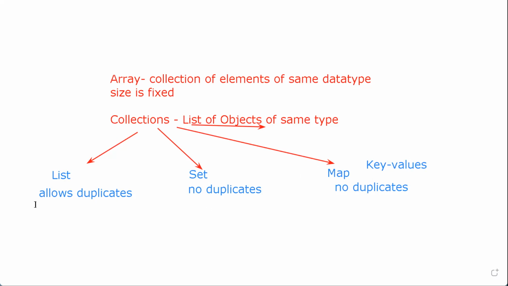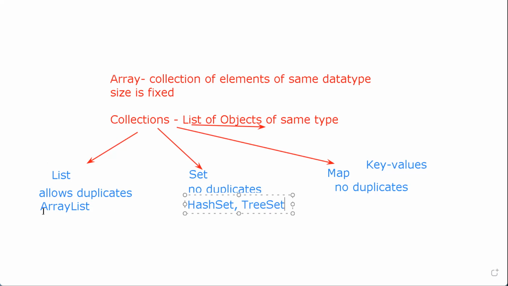So to help you understand, I will give you an example of list using array list. List is an interface. Array list is a class which implements the list interface. And for set, I will be introducing two examples, that is hash set and tree set.